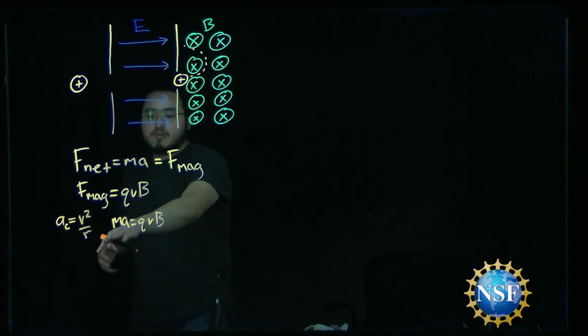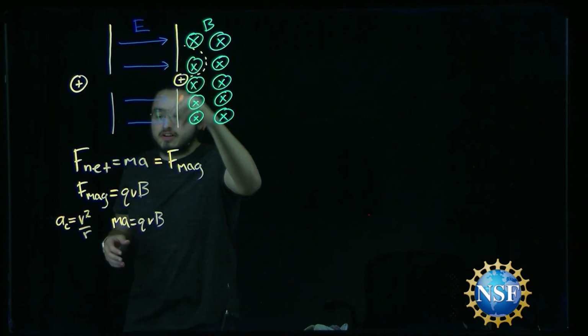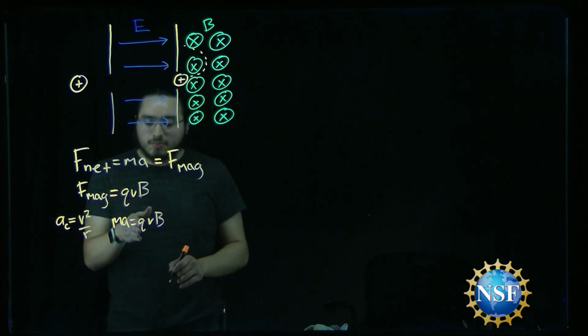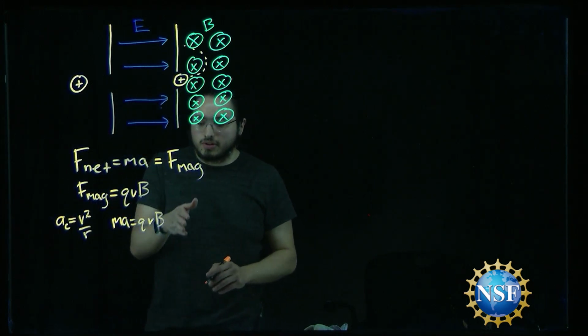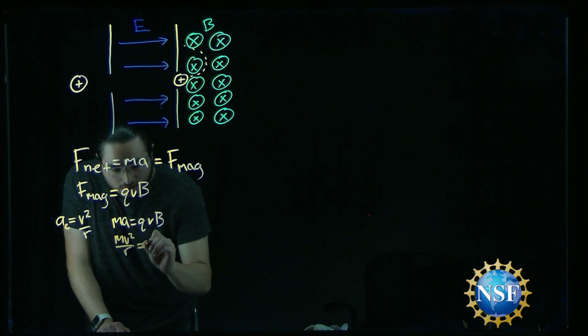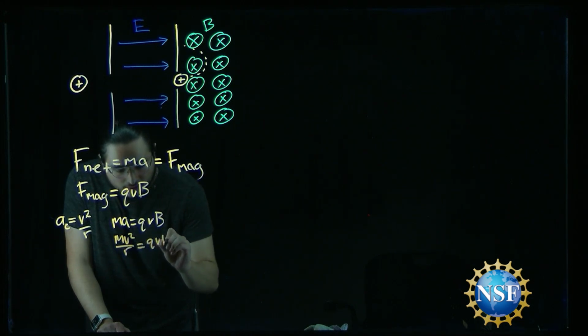And this is the r we want, because that's the radius here. So now we can plug that into our setup where mass times acceleration is equal to qvb, and we get m v squared over r is qvb.